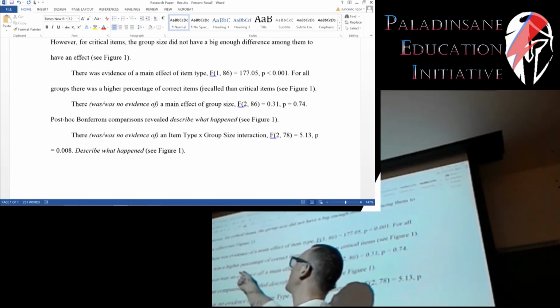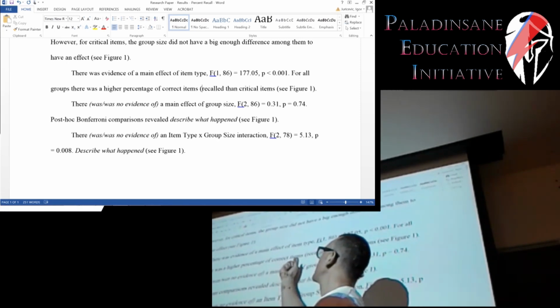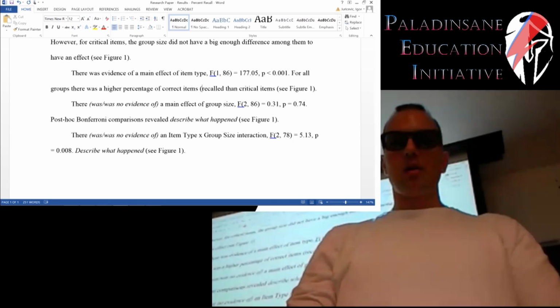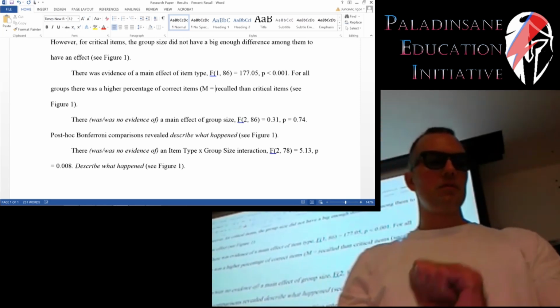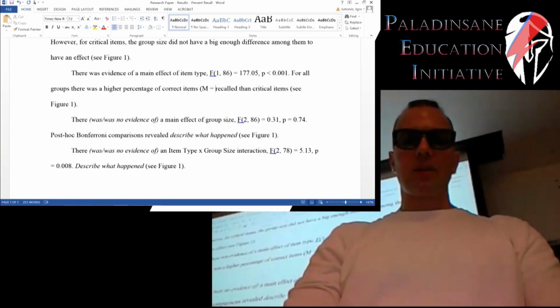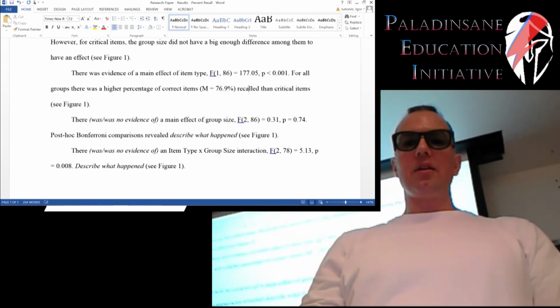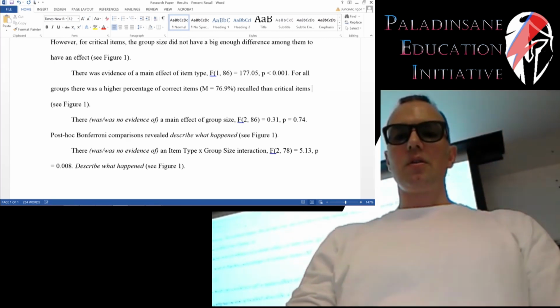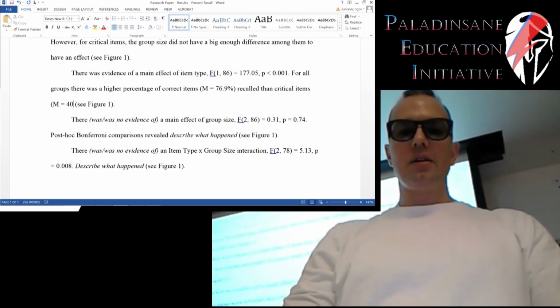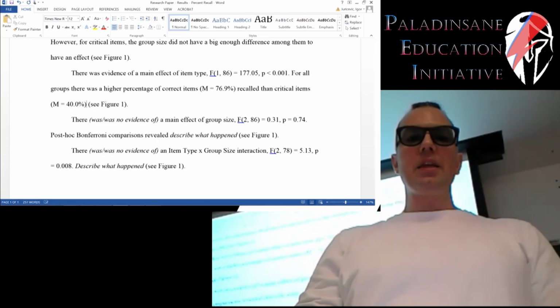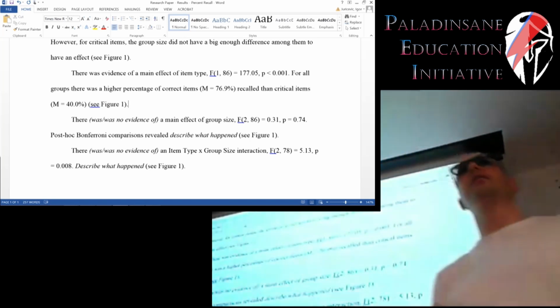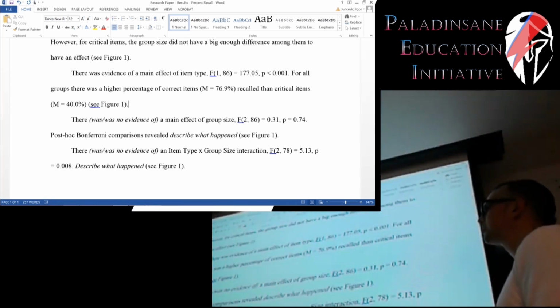So what was the average percentage of correct items that was recalled? 76.9%. And then the critical items, it was 40%. That's just really friendly for the reader, so that they actually have the actual numbers.